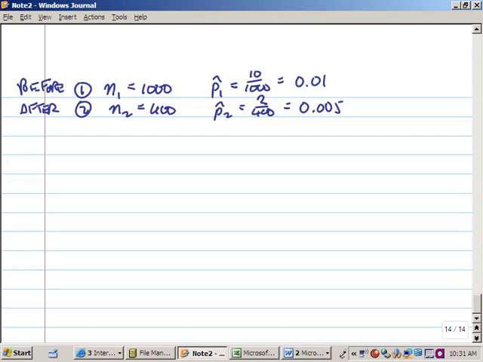Okay. So the limit will be the difference in the 2 given sample proportions, 0.01 minus 0.005.